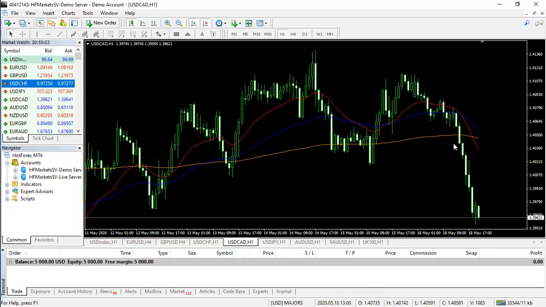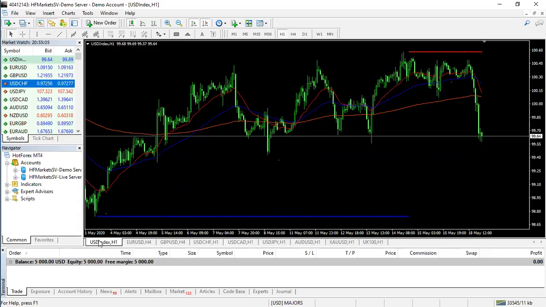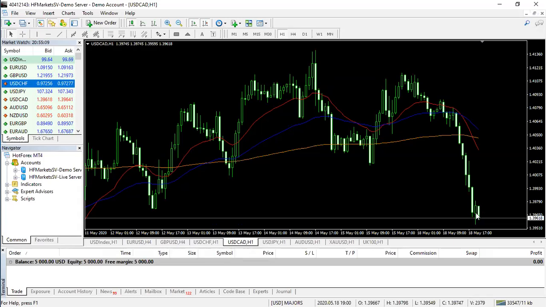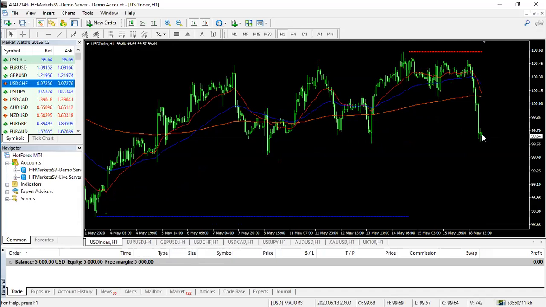Then you can see USD/CAD, where USD is the base currency, right? Same thing, there was a slight buy in the USD index. It won't be exact, but you use the USD index to determine the others. In short, it tells you the strength of the US dollar.